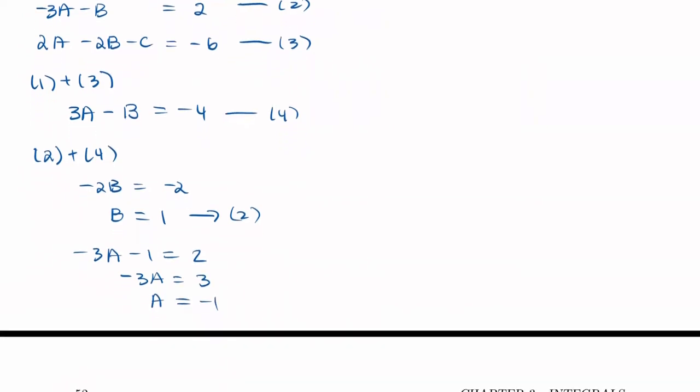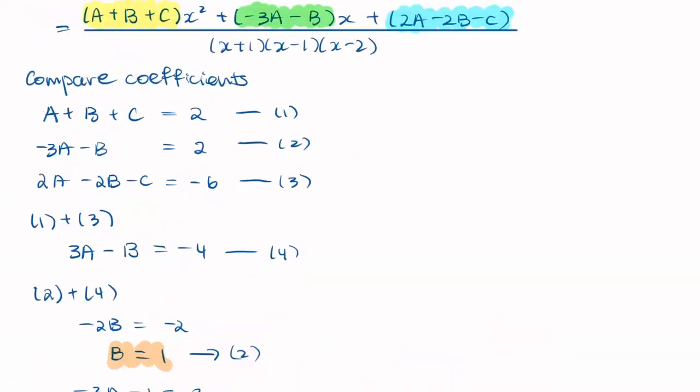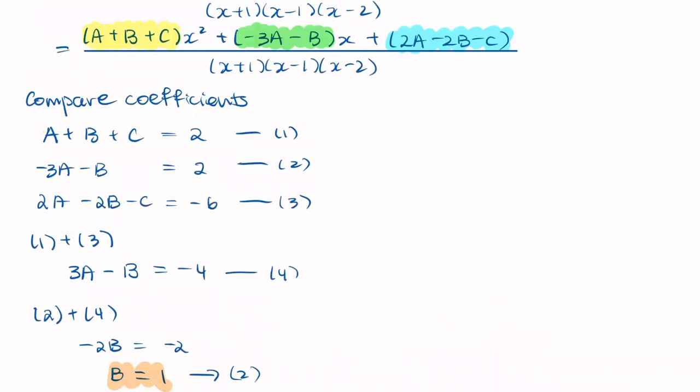And so that means, by 1, that means we would just have negative 1 plus c is equal to 2. So that means c is equal to 2. So we have the three coefficients, a, b, and c. So we have a being negative 1, b being 1, c being 2. So let's go ahead and put that into the rational function now.